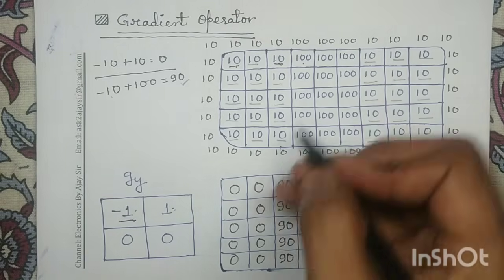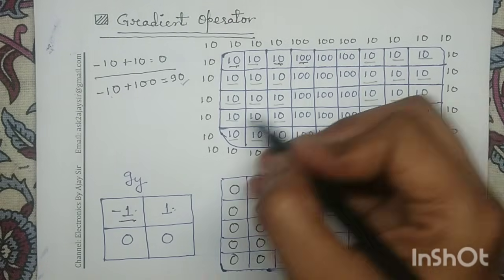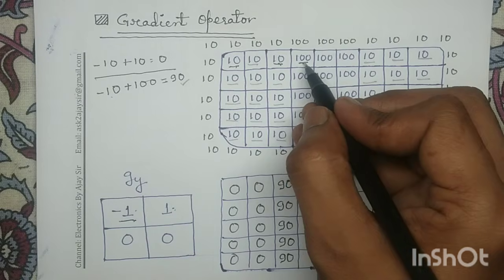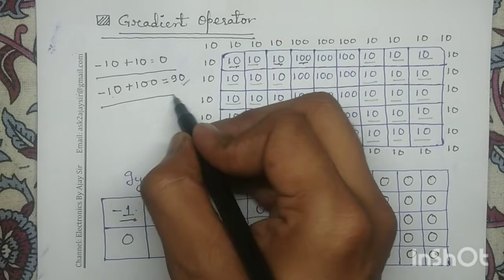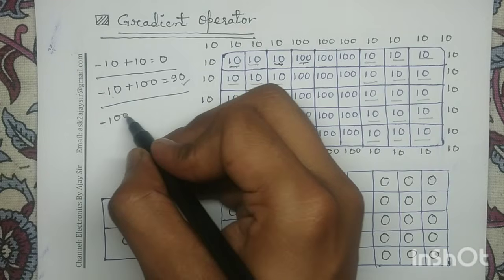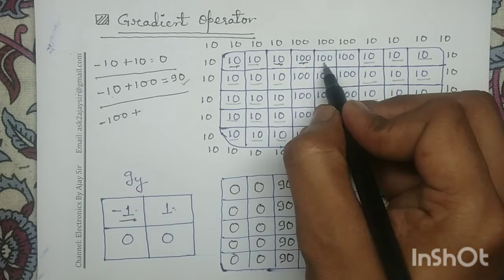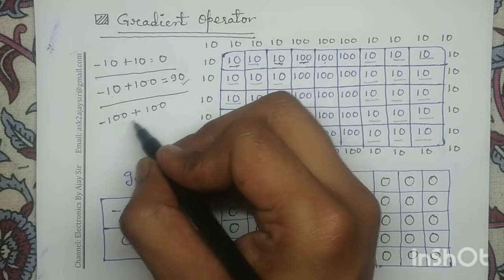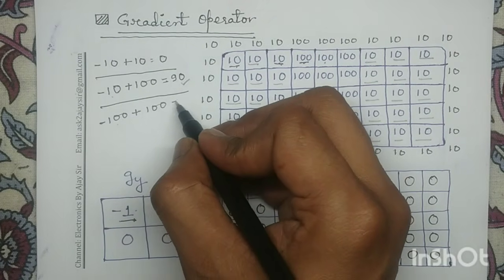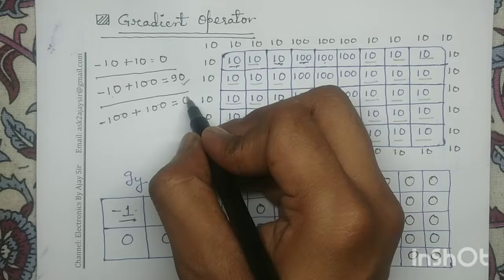Next, we will apply the center of this mask at this point. By applying the center of this mask at this point, this pixel value 100 will be multiplied with this coefficient -1 and this pixel value 100 will be multiplied with this coefficient 1. So if I write the response, -100 plus 100, it becomes equal to 0.